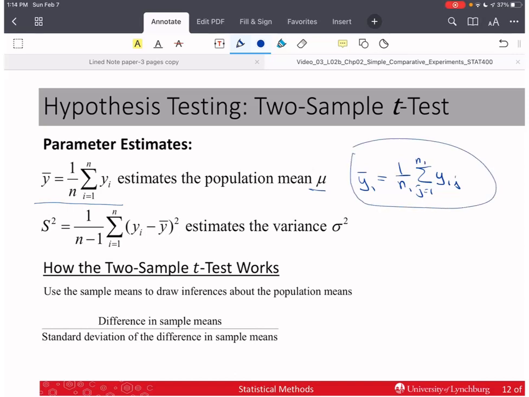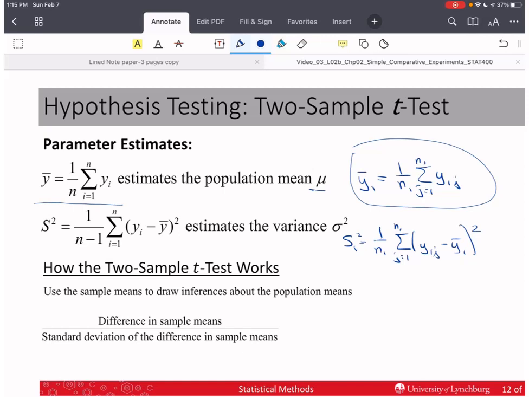And then s squared is equal to 1 over n minus 1, sum of yi minus y bar squared. Now, s1 squared is equal to 1 over n1, sum from j equals 1 to n1, of y1j minus y1 bar, quantity squared. We'll need to know how to calculate these quantities, so I hope you're able to see what we're doing with the indices here.